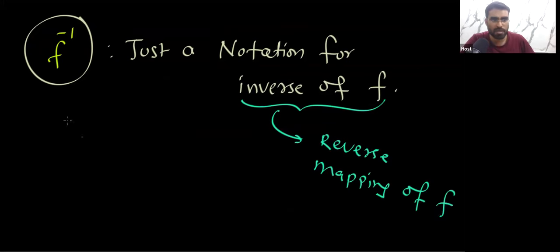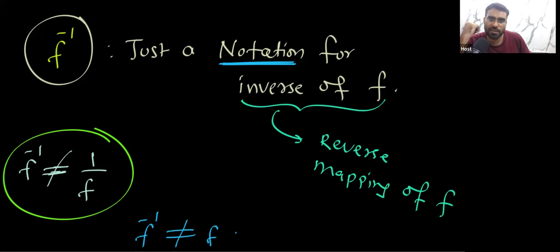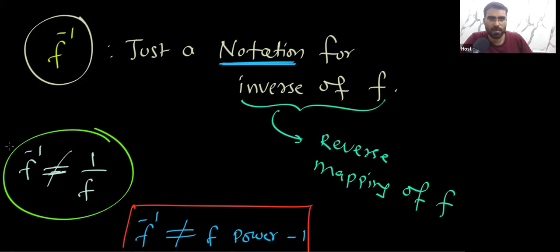Don't think that this is 1 by f. This is just a notation, nothing else. This is not power minus 1. Don't say f power minus 1. Is this clear? This is just a symbol for the reverse mapping of f. That's it. Now let's move on.